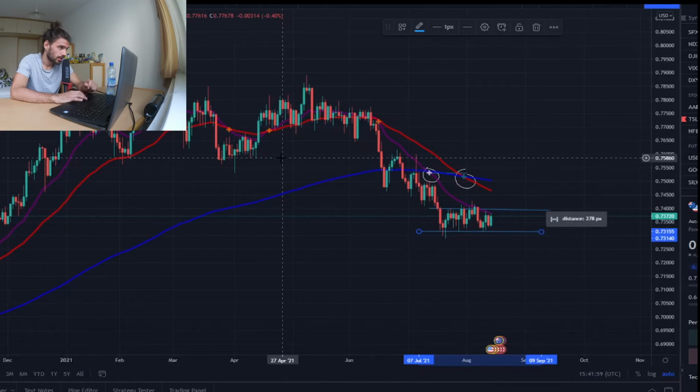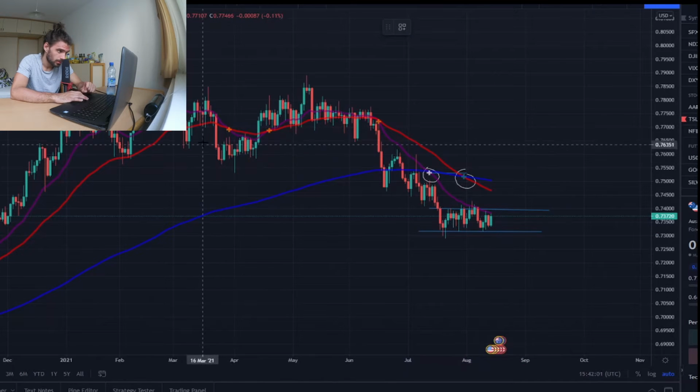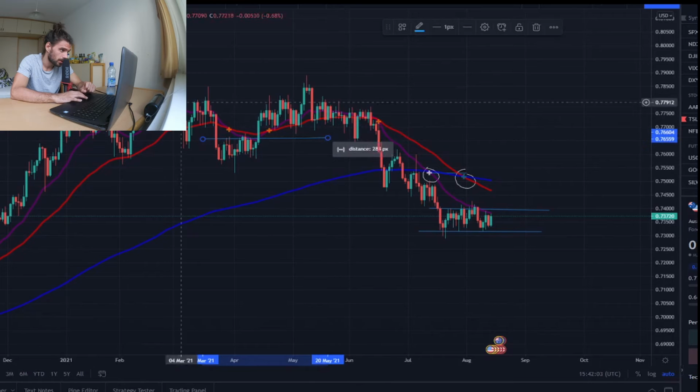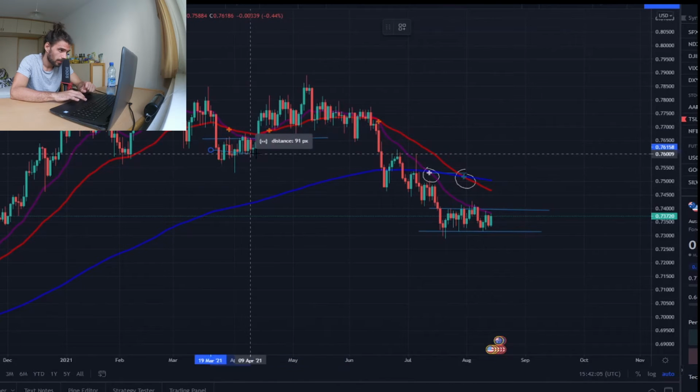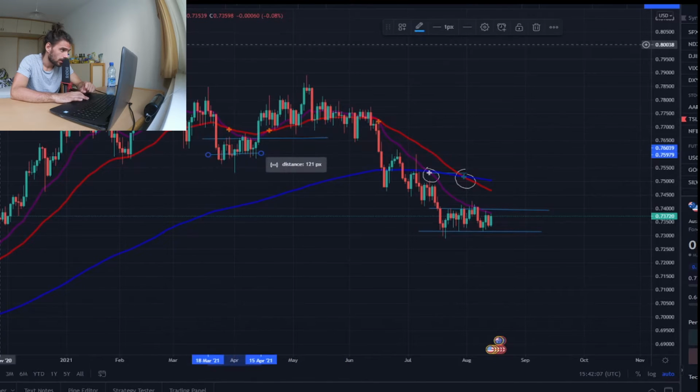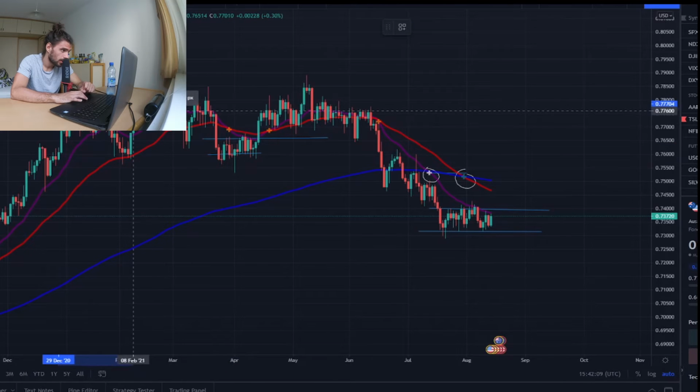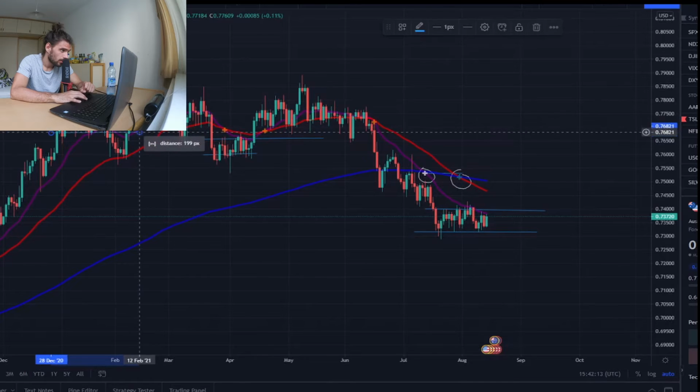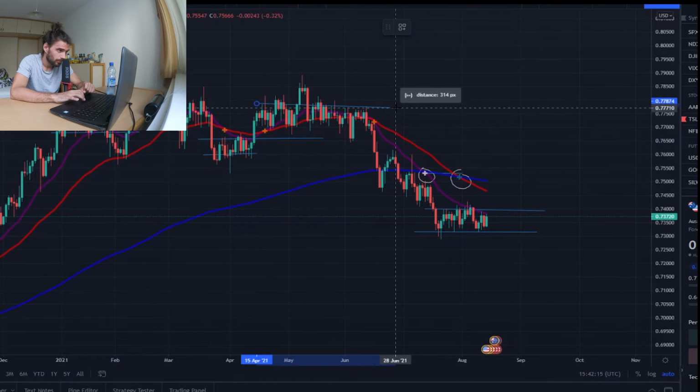So this is something that sometimes you can find on the daily chart, like here, for example, as well as here, or even here.